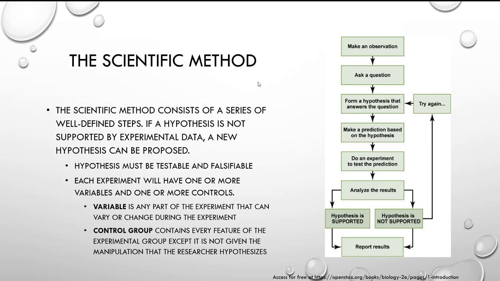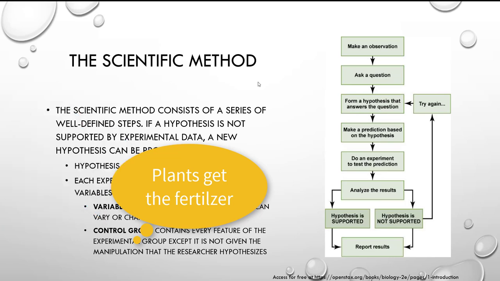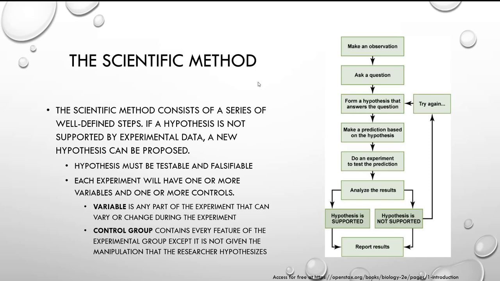In this case, I'm testing fertilizer. So the control group is the group that does not get the fertilizer, and the experimental group is the one that does get the fertilizer. I'll have one group of plants that get fertilizer, and another group that gets no fertilizer. Everything else, I'll try to control for all other variables.